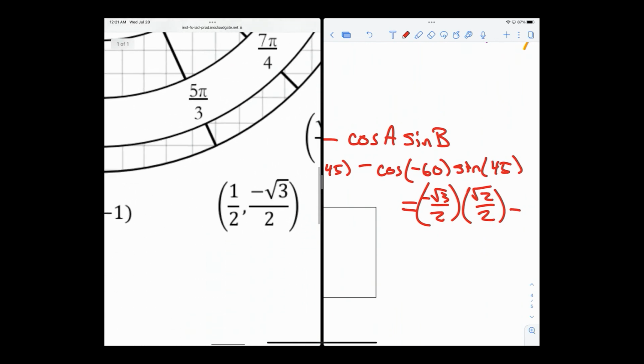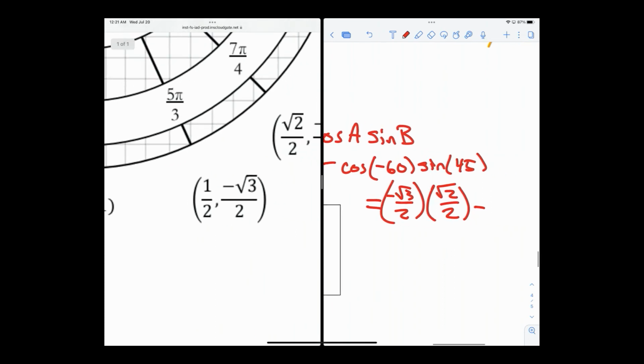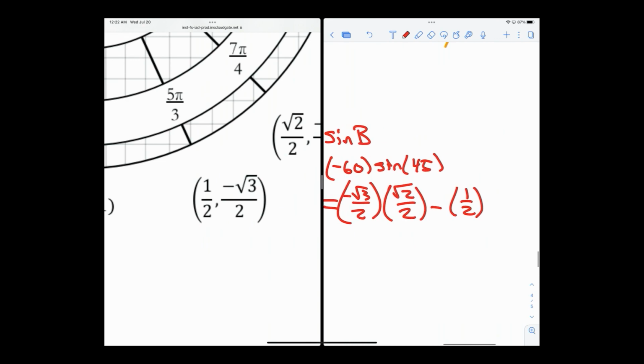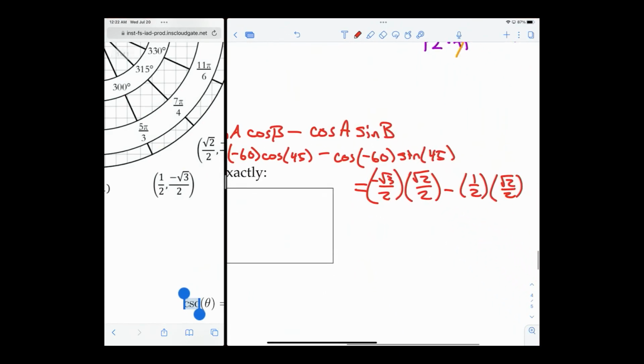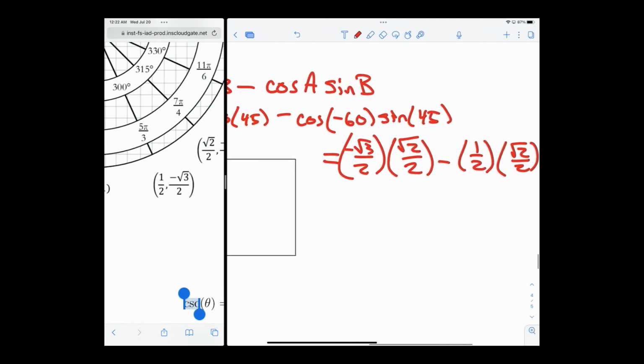The cosine is the x value here, which is 1/2. And then sine 45 will also be square root 2 over 2. So you get all those from the unit circle or from a calculator that can do it symbolically.